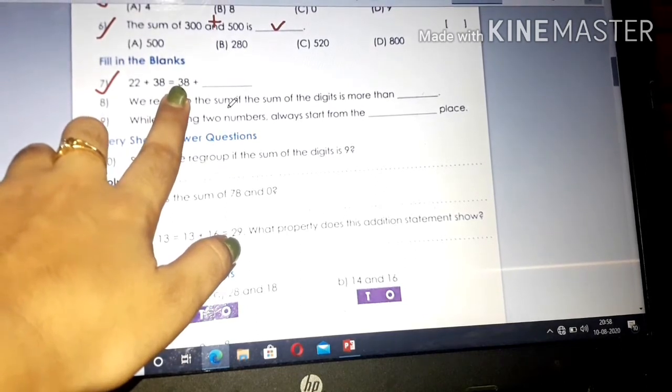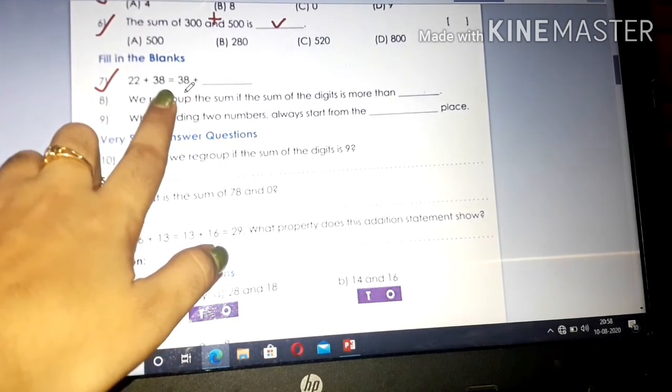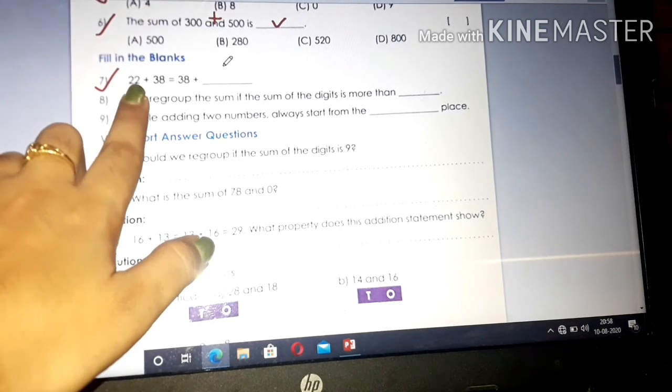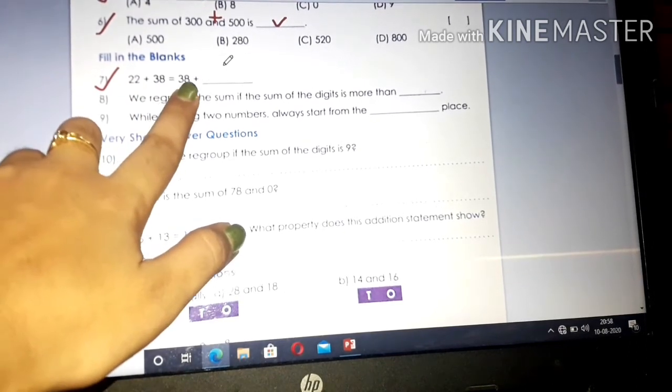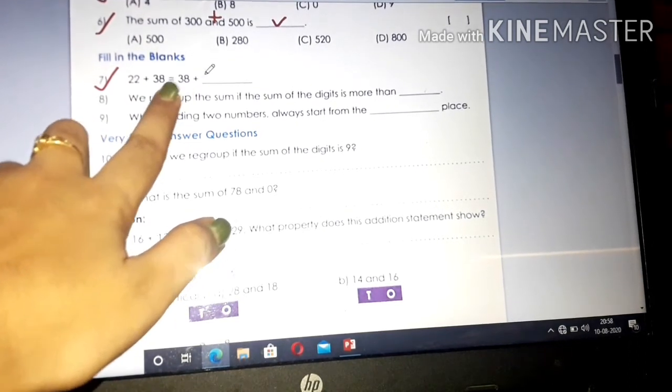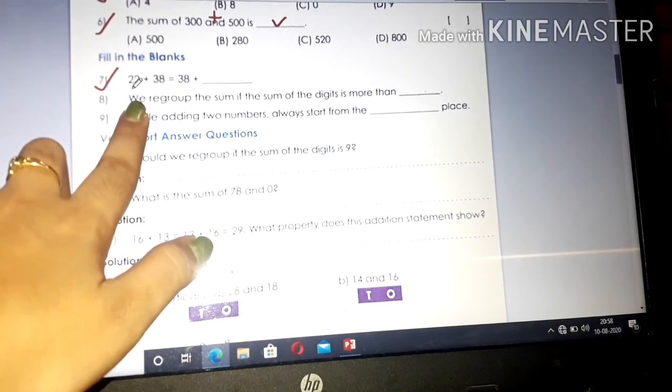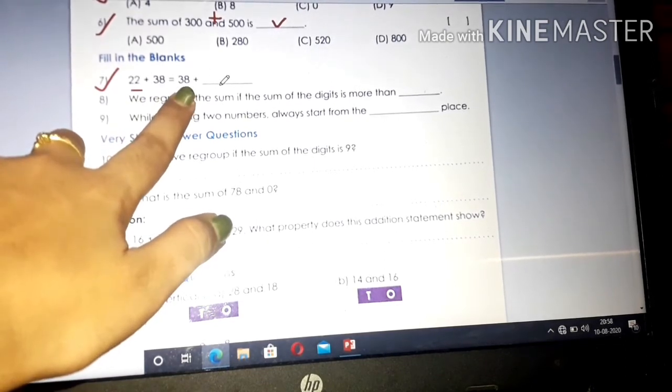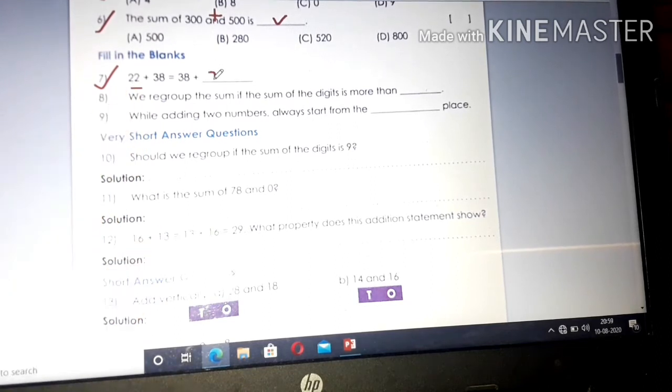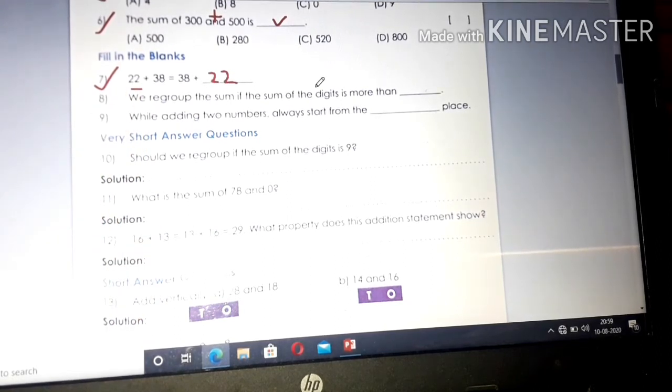Which property comes here? Commutative property. The order of the numbers is changed. 22 plus 38, and here 38 is written first, so the next will be 22. This is your commutative property.